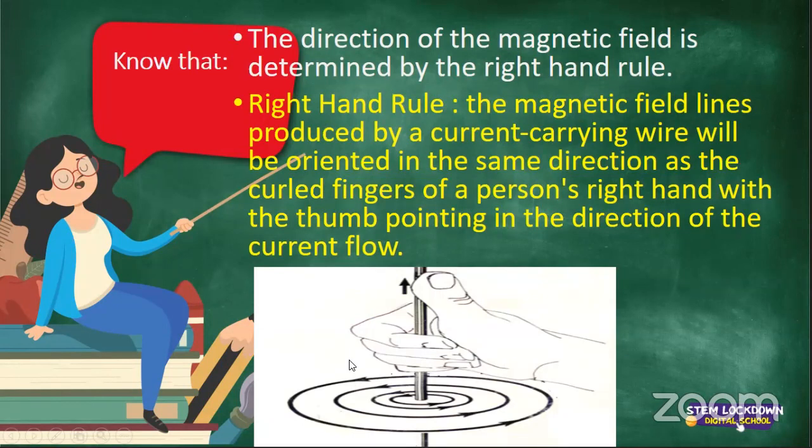So this curled finger, you can see this is the magnetic field. It will be going in these circles because the fingers are pointing this way. So that is what will be happening. Now let's carry on.